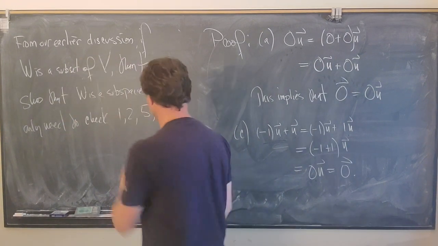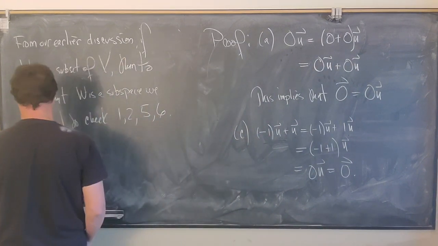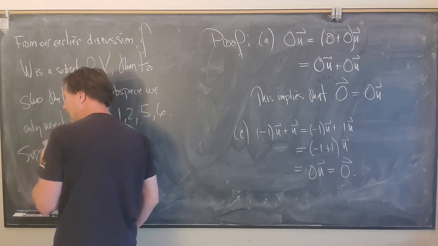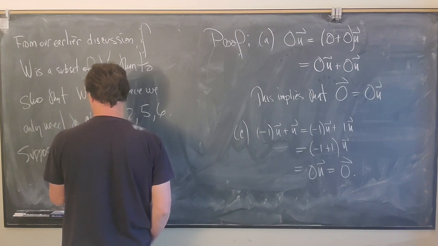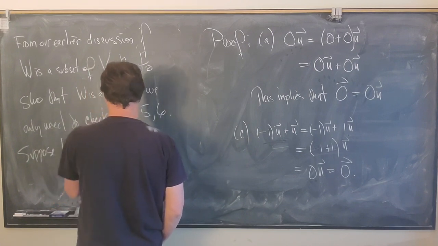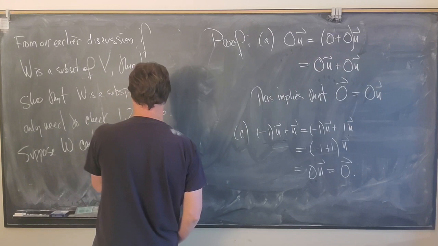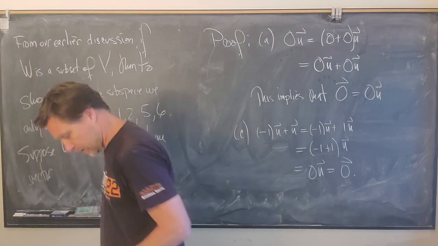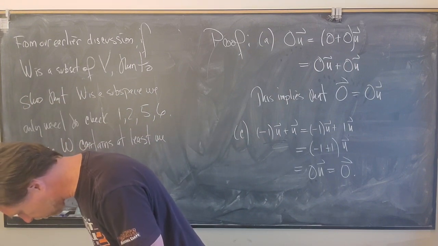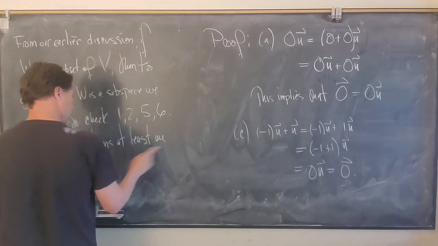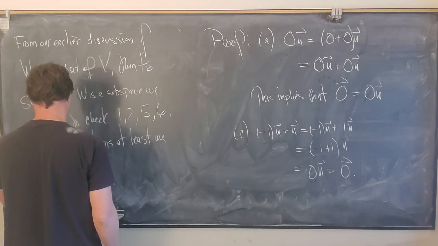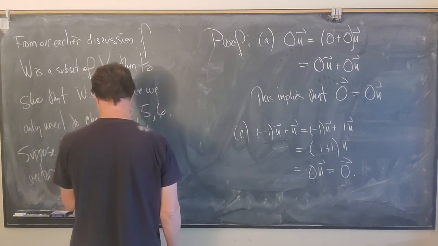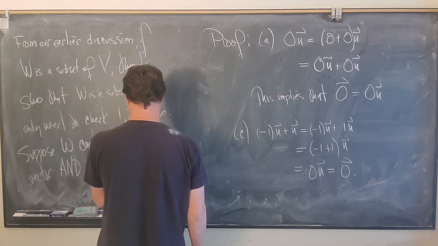Now, suppose W is not the empty set, so it contains at least one vector, and that 1 and 2 are satisfied.